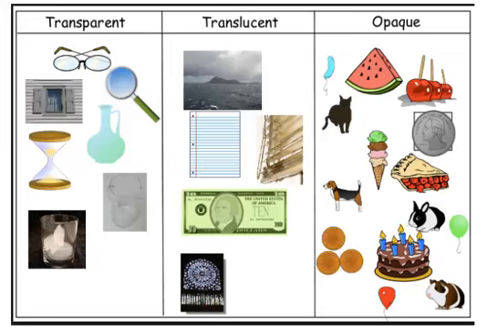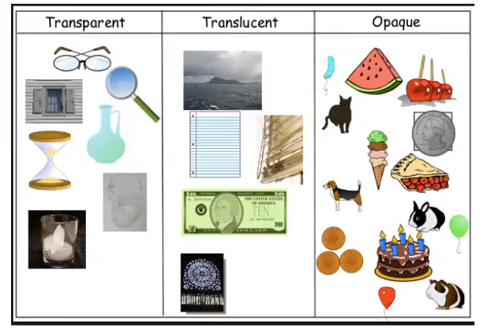Take a look at the pictures I have on the screen and see if you can define what it means if the object is transparent, translucent, or opaque. That's right! Very good. Boys and girls, transparent materials let all of the light through.